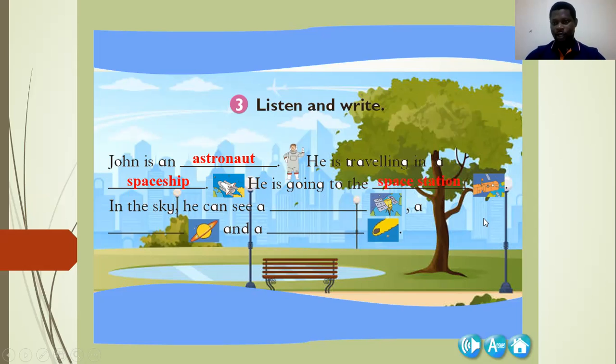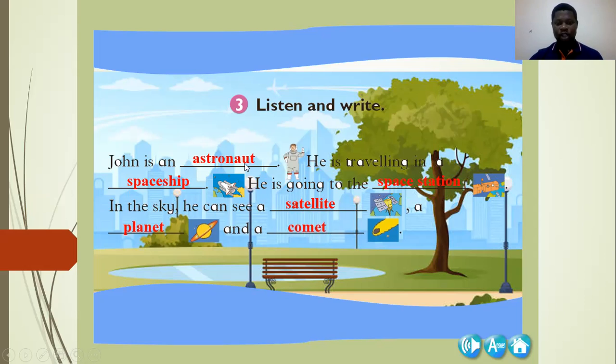This is a space station. In the sky, he can see a satellite, a planet, and a comet. Okay, so this is this exercise.